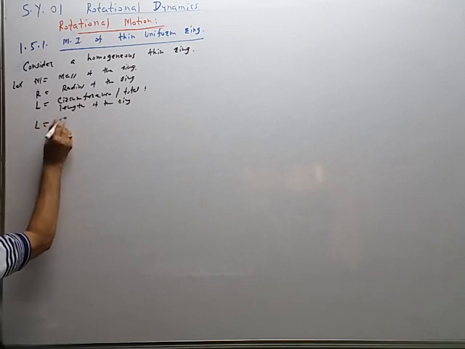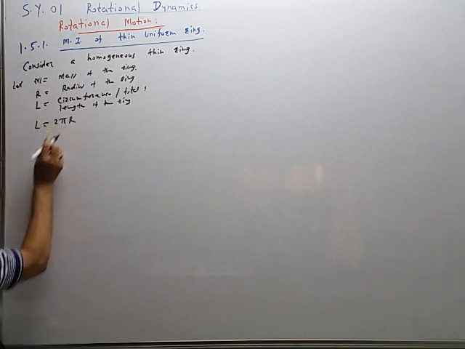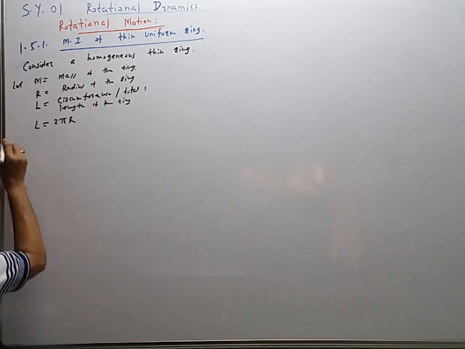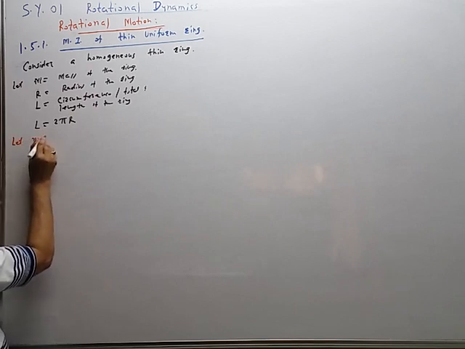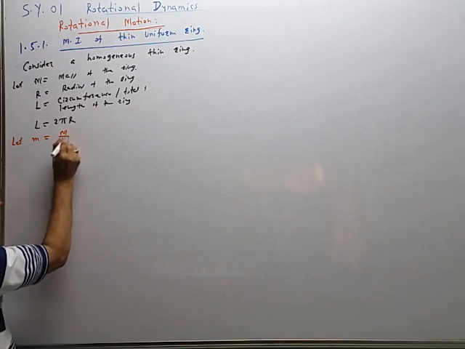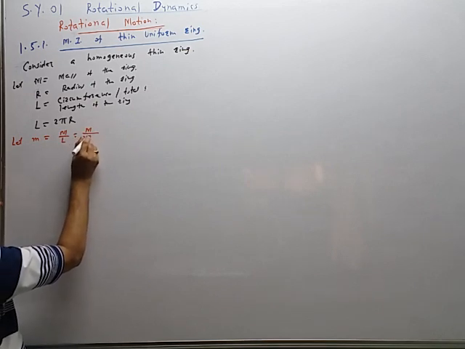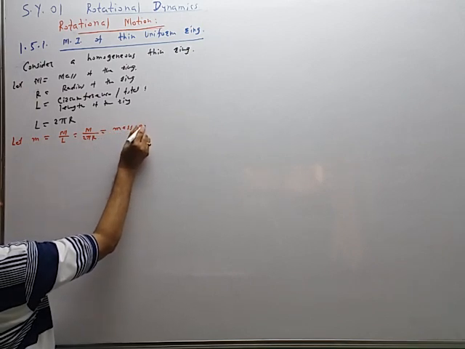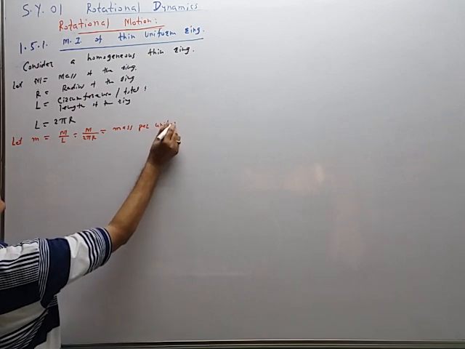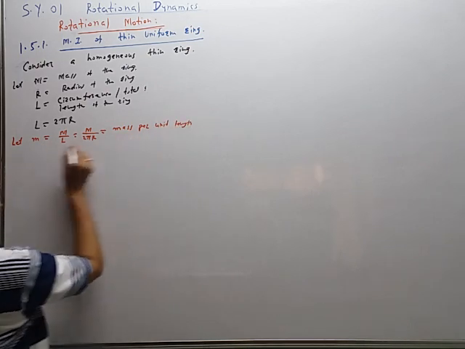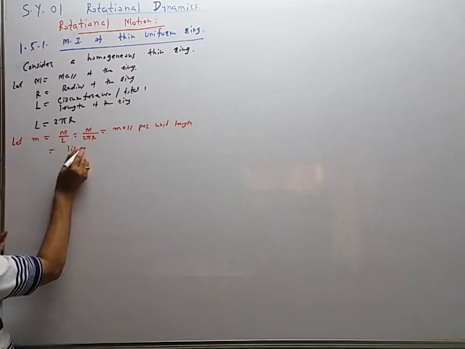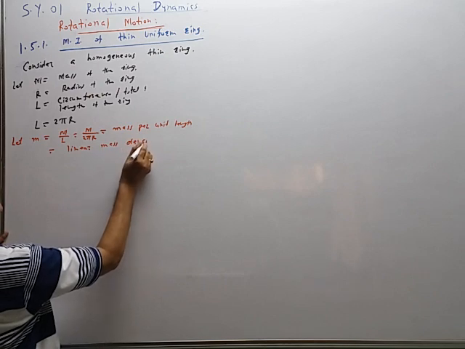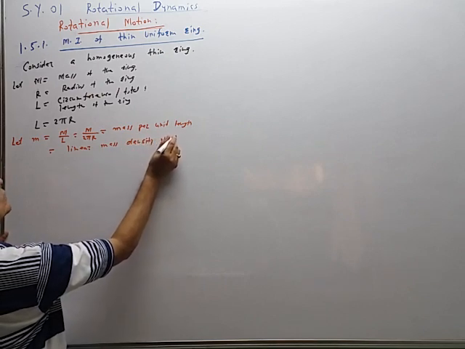Therefore L is equal to 2 pi r. Let small m is equal to capital M by L is equal to capital M upon 2 pi r is equal to mass per unit length, that is linear mass density of a ring.